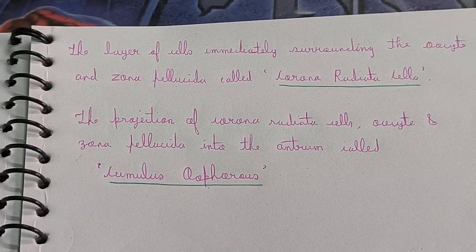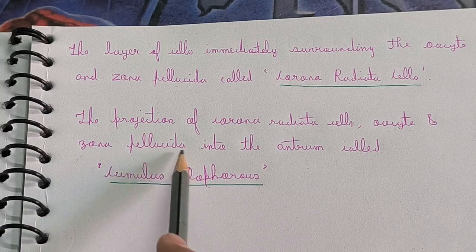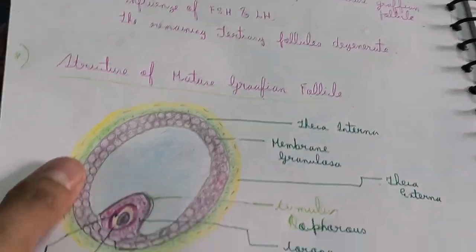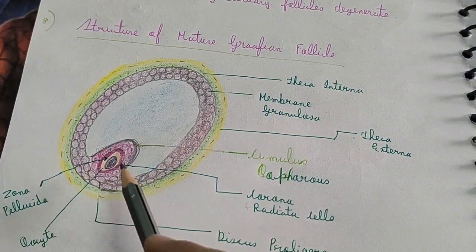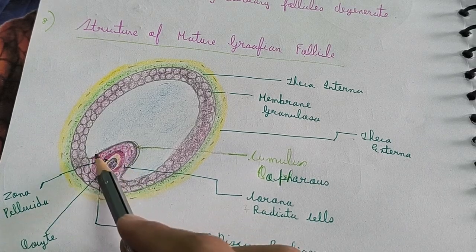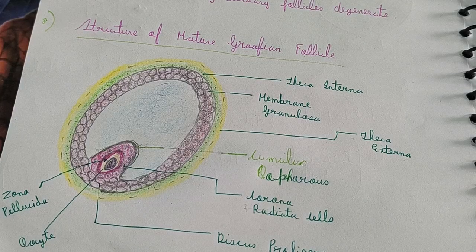That portion I have written. So the projection of corona radiata cells, oocyte and zona pellucida into the antrum is called cumulus oophorus. Here this is the oocyte, zona pellucida, and these are the corona radiata cells, and the projection into this fluid antrum is called cumulus oophorus.